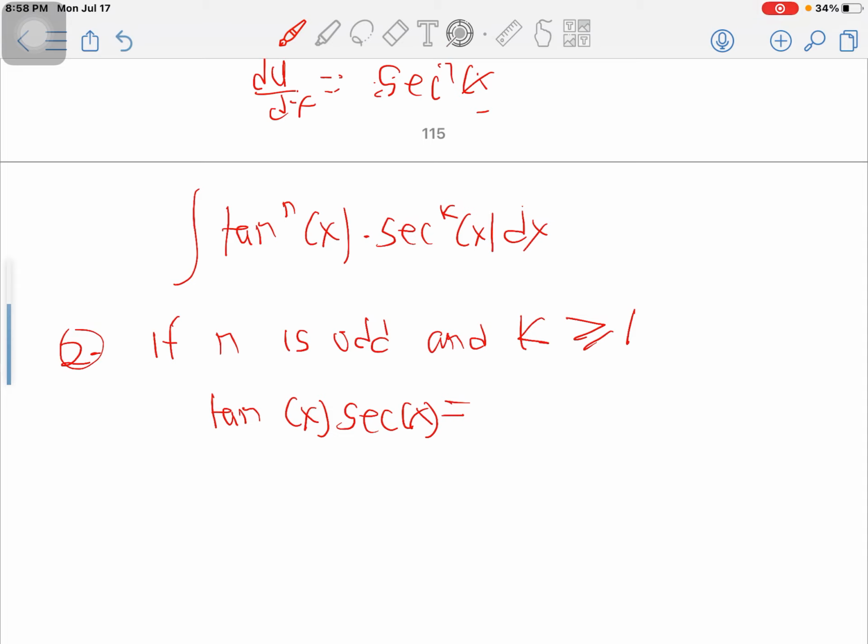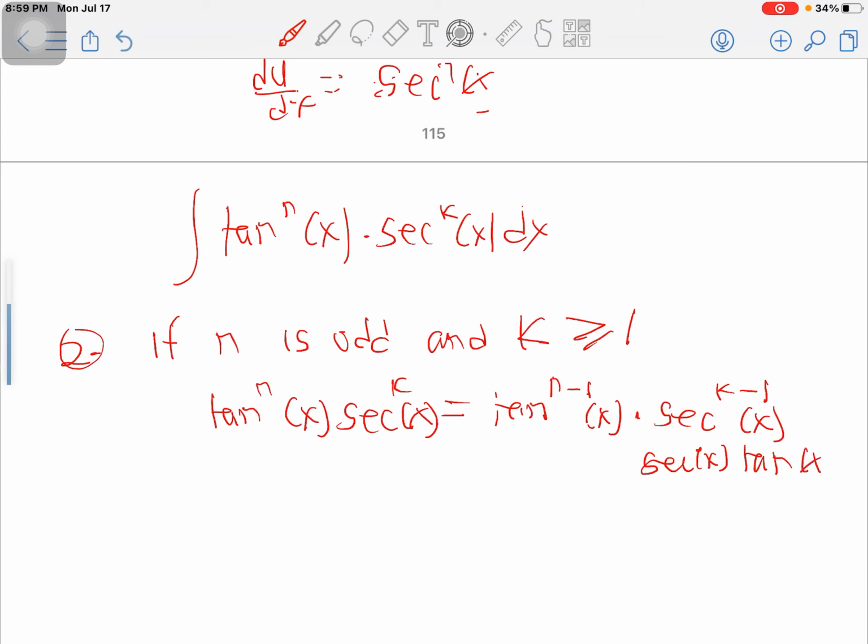So if n is odd and k is greater than or equal to 1, then what you need to do is write tan to the power n of x multiplied by sec to the power k of x, and it should be equal to tan to the power n minus 1 of x, and then we are also going to multiply by sec to the power k minus 1 of x.